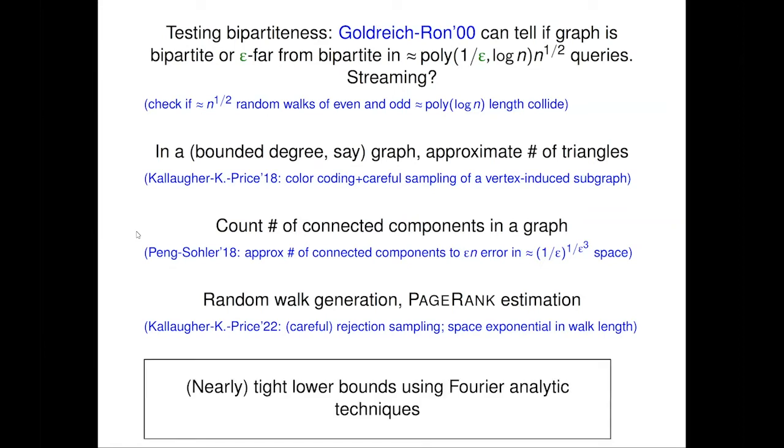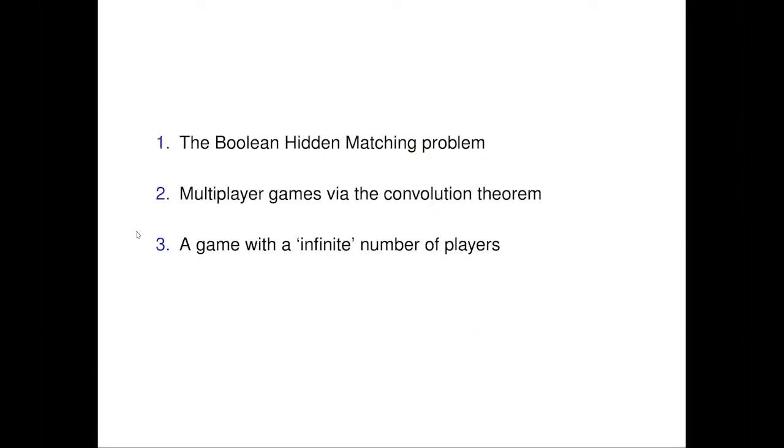Good. So in all of these questions, the best known algorithmic results essentially store carefully chosen, adaptively chosen subgraphs, and it is possible to obtain nearly tight lower bounds using Fourier analytic techniques. So that's what I will talk about.